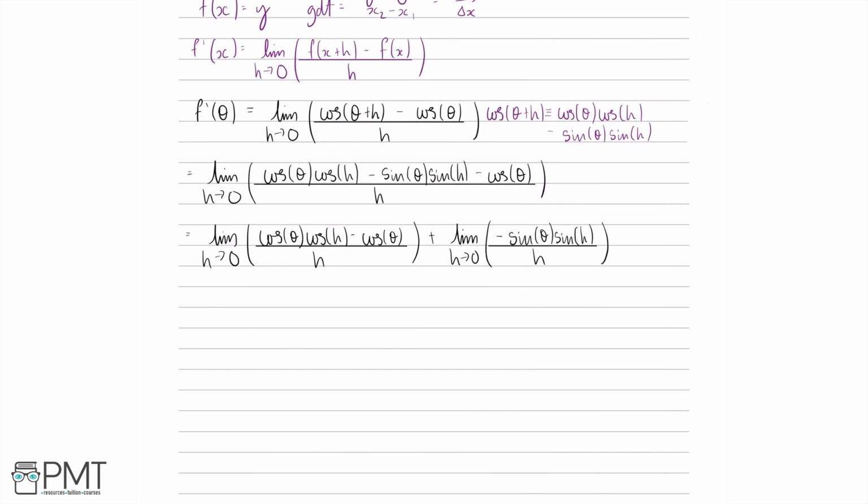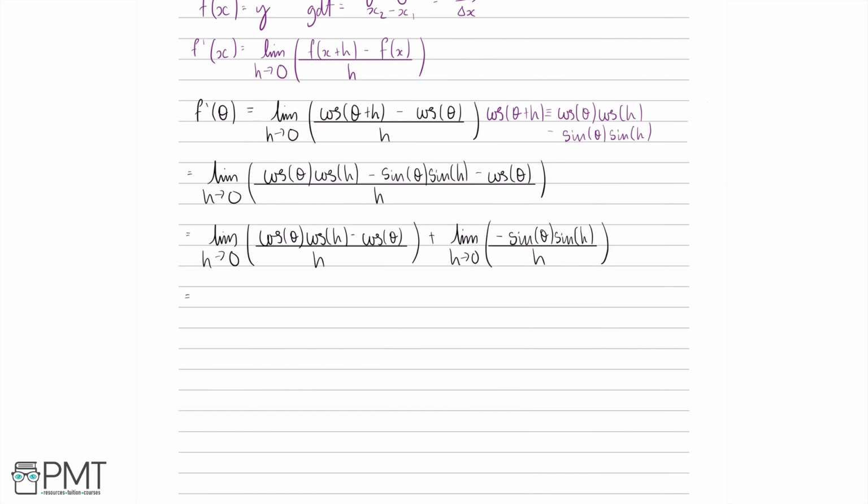Now what we can do next is, taking a look here, the limit only depends on h. So we're trying to limit as h approaches 0, which is what we can do is we can take out the cos theta from this part of the expression and take the sine theta from this part of the expression. So we just have h's in there.